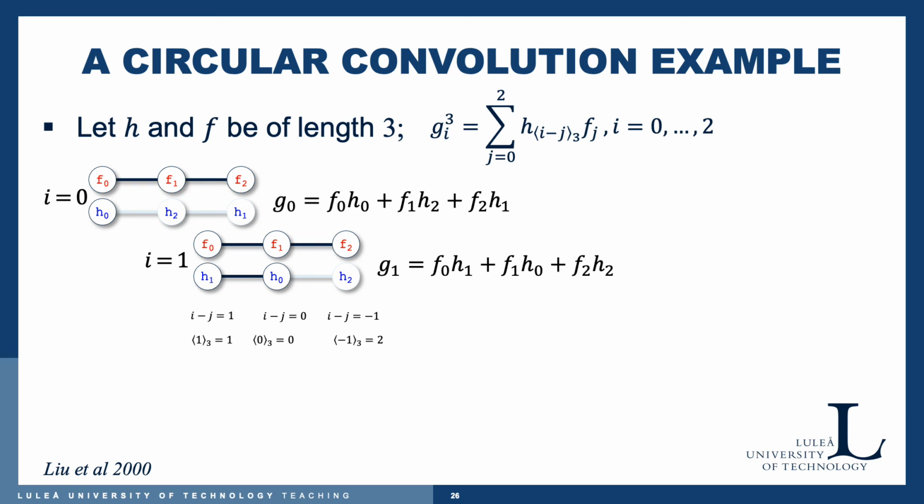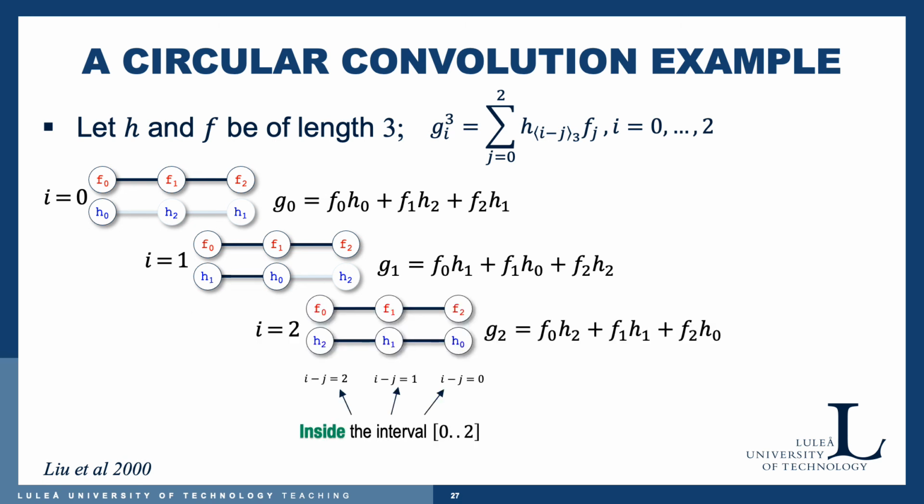They were just shifted one step forward, and then h1 came from the last index to become the first one, and therefore the multiplication reads f0 h1 plus f1 h0 plus f2 h2. Now these are all three inside the interval, or inside the periodic window, we should say.